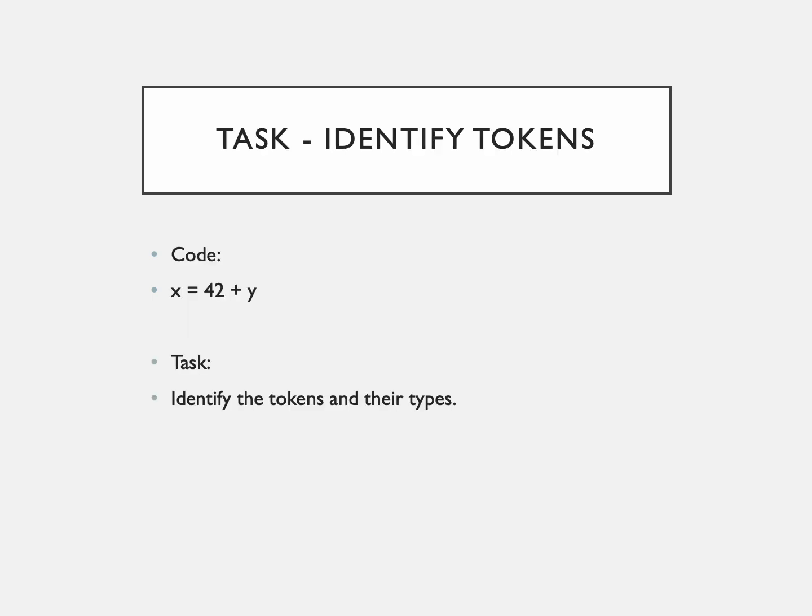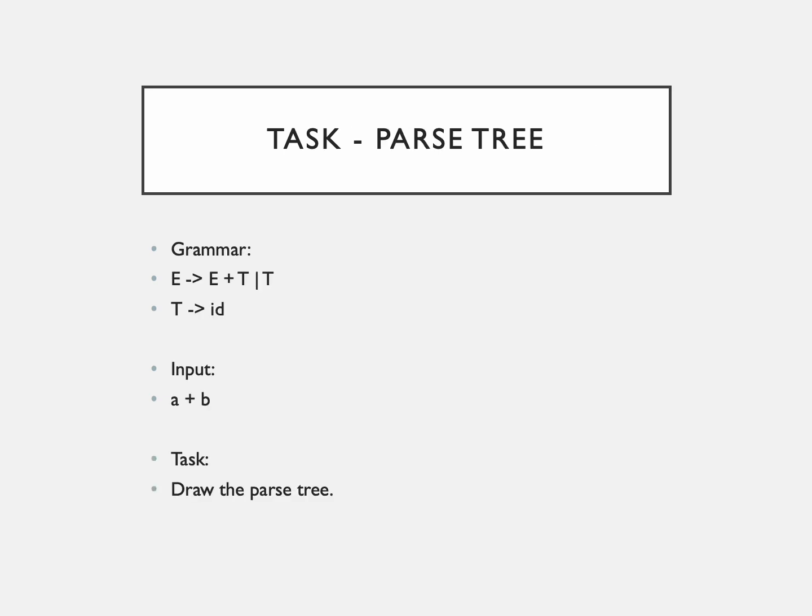Here we have two tasks for you. First, we have a code and you will identify the tokens and their types. The second one is a parse tree. Using these grammar rules, we have an input and you will draw the parse tree.